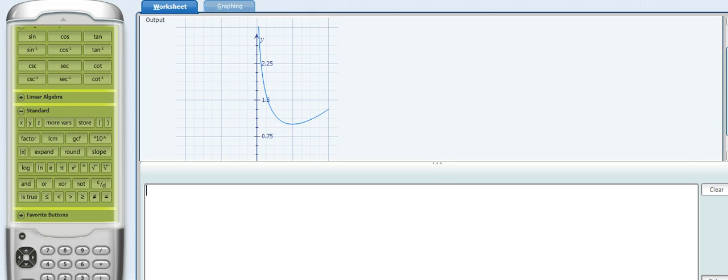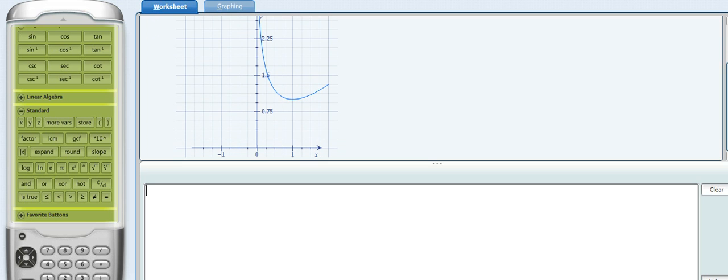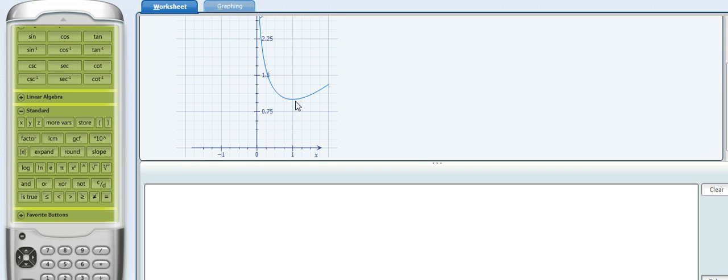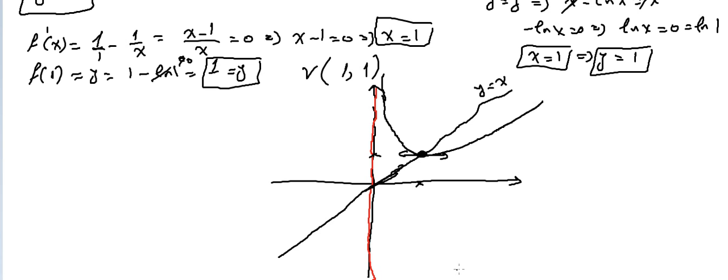At (1, 1), abscissa 1, ordinate 1, this is the point. They didn't draw y equals x, which is the asymptotic direction, and the curve goes along the asymptote with the y-axis to that point, and then it goes parallel to y equals x, as I drew it here. That's it. See you next video.